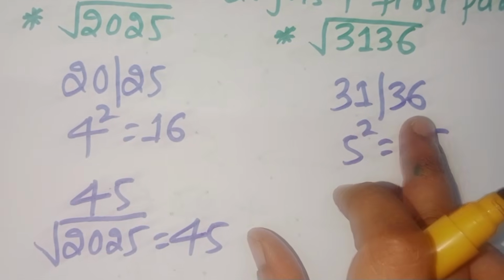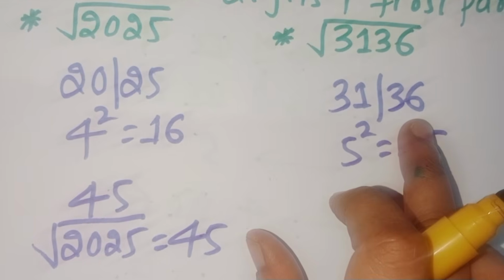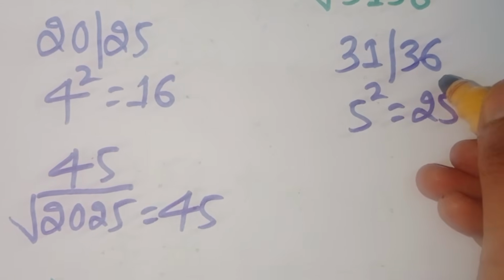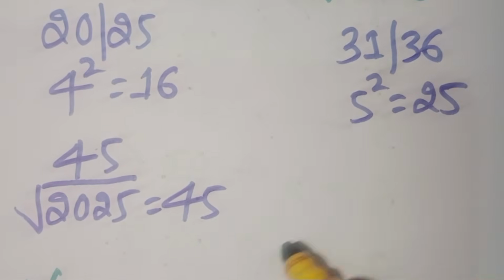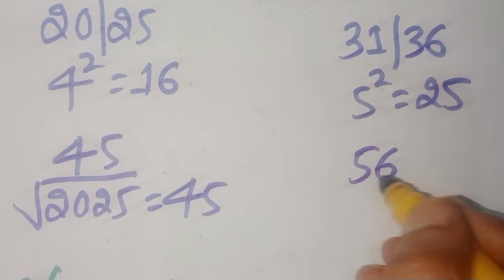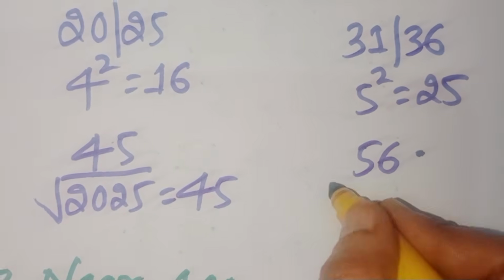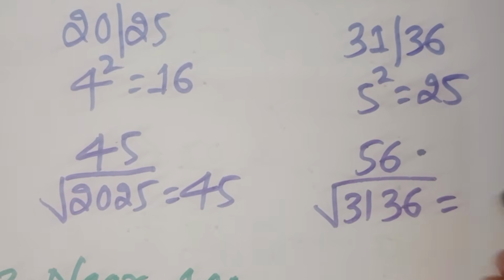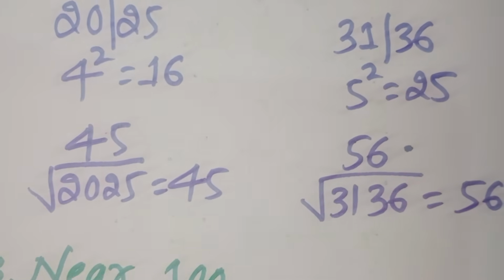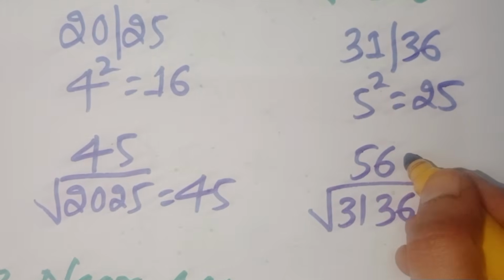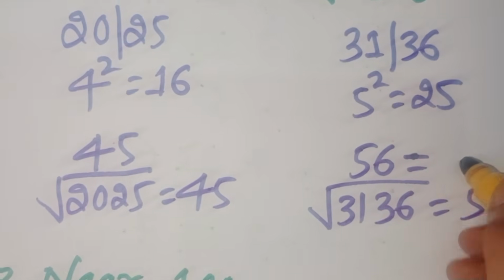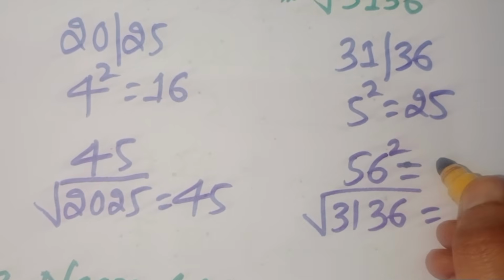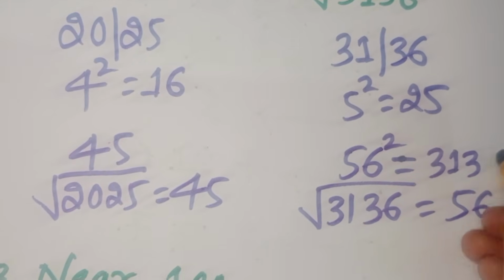A square ending in 6 has a square root ending in 6. 36 is a perfect square of 6. So we get 56. Square root of 3136 is 56. 56 square is equal to 3136.